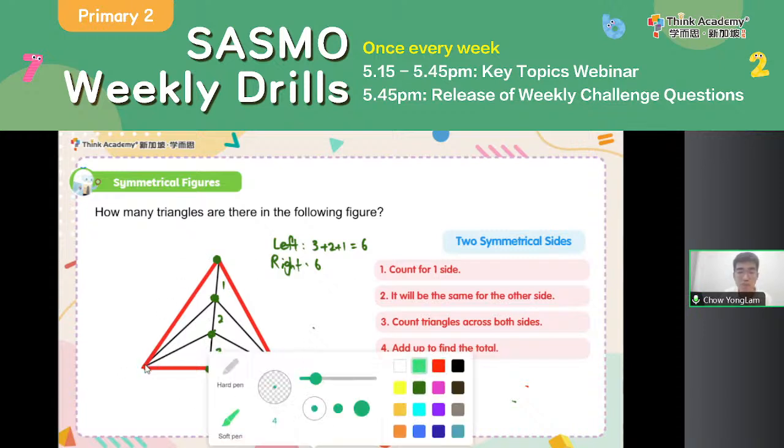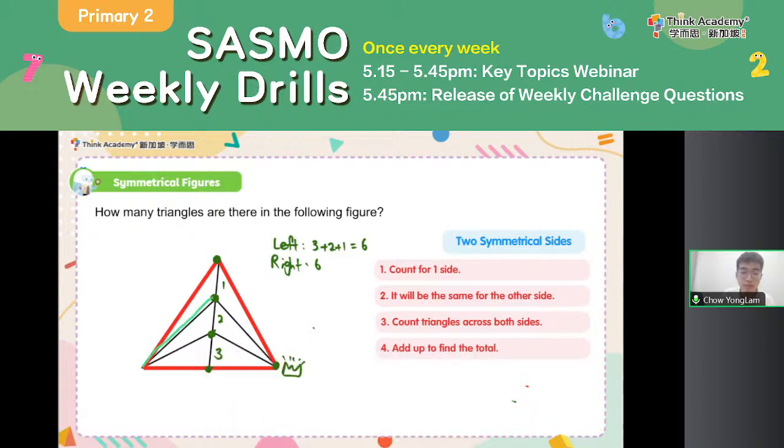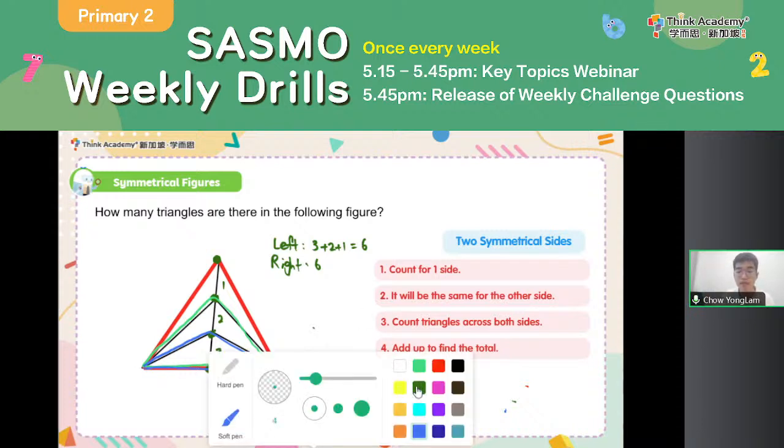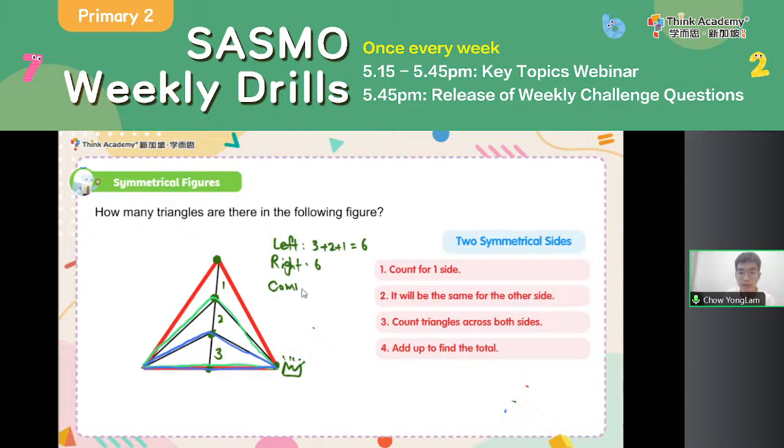I can also form a slightly smaller, flatter triangle in light green, using these 3 sides. Even flatter, can I? Yes, there's one more triangle that is slightly shorter, one triangle in blue like this. So we have the red, the light green, and the blue. That means combining both sides, I will have 3 triangles. So left side 6, right side 6, combining together I have 3 more. Just add them up to find the total number of triangles.